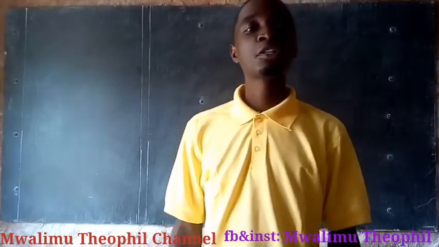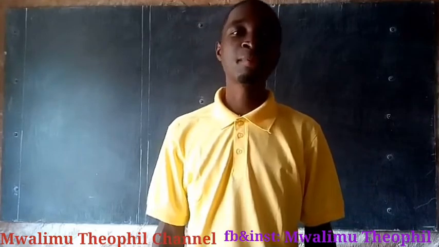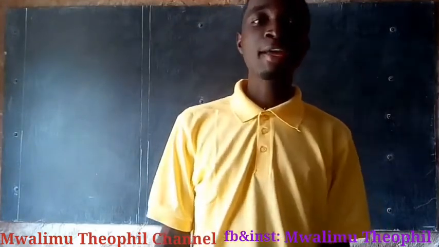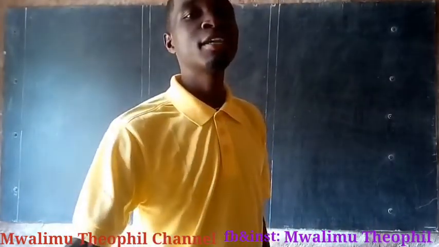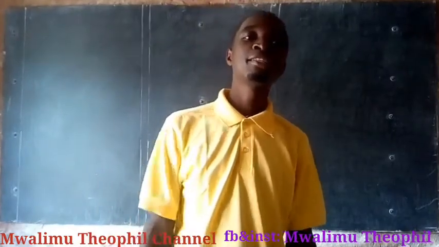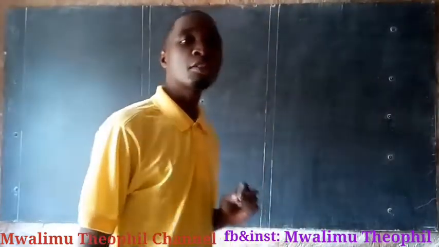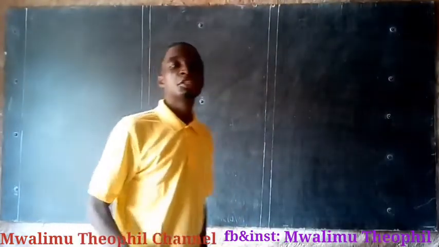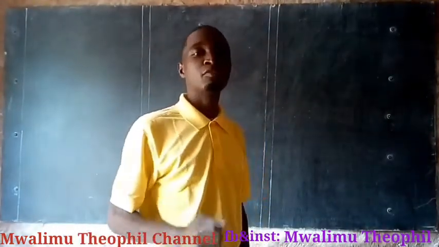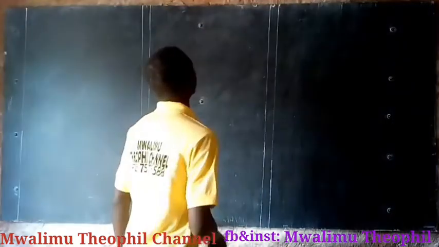Today we are going to deal with mathematics, and before I start today's lesson, let me first mention all the mathematics topics which should be covered by a Form 1 student.